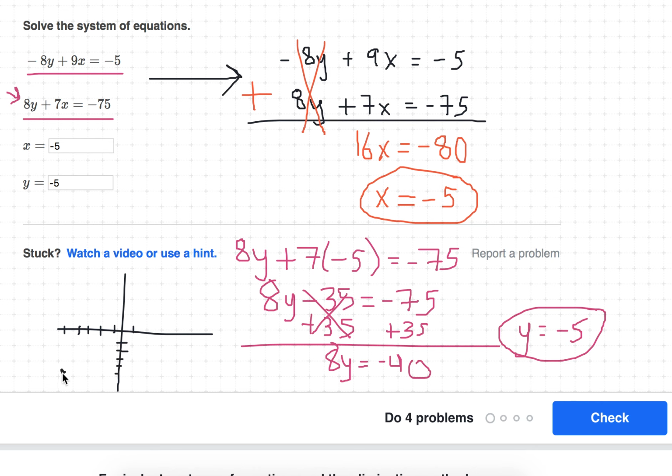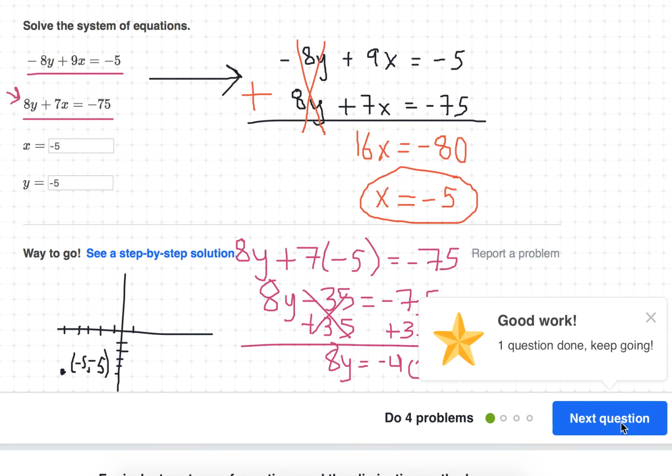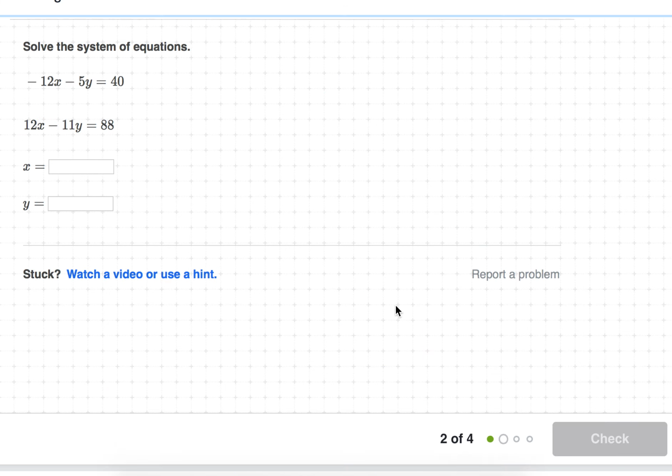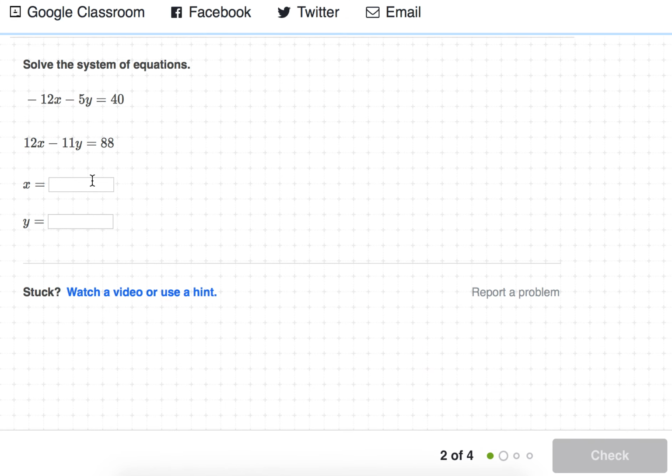Those two lines would cross right here at this ordered pair. You can pause the video and try this one on your own.